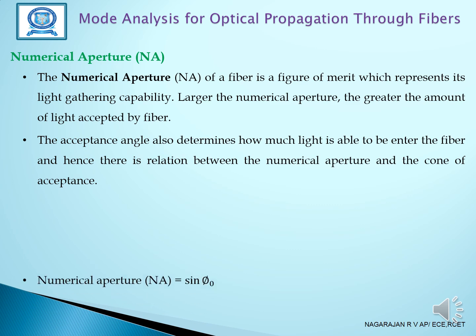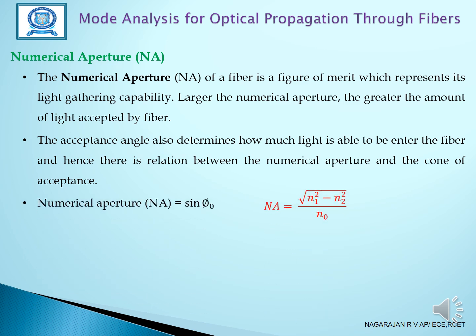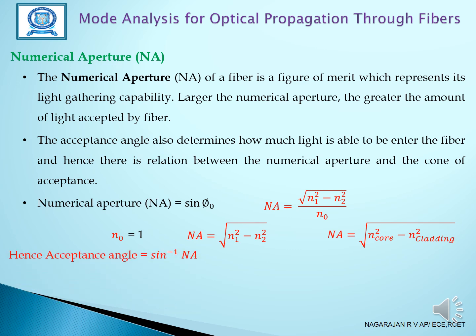Numerical aperture NA is equal to sin phi 0. So NA is equal to root of N1 square minus N2 square divided by N0. N0 is equal to 1 means NA is equal to root of N1 square minus N2 square. When we consider the core and cladding, it is root of n core square minus n cladding square. Hence the acceptance angle is sin inverse of the numerical aperture.